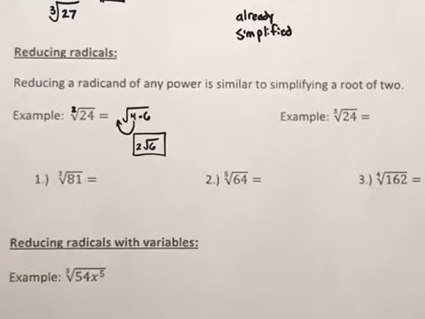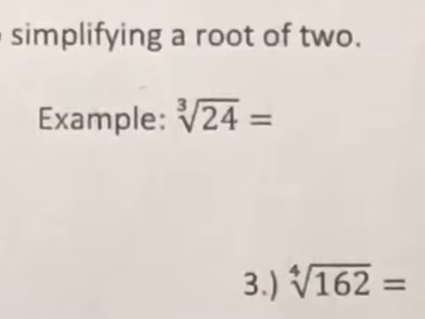All right, and we can also do this on cube roots, except when you're working with cube roots, as we've seen in the past, you're not looking for perfect squares anymore, so I wouldn't want to do 4 and 6, because neither of those are perfect squares. Instead, you'd want to look for perfect cubes, which is why I put emphasis on that chart of memorizing those. 8 is a perfect cube for 2, and this is 8 times 3.